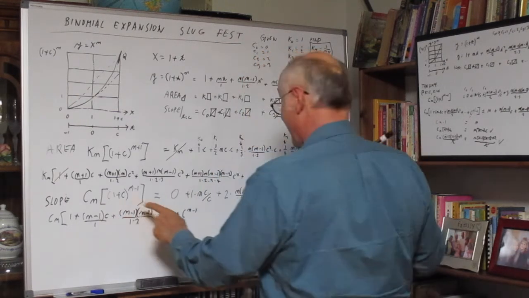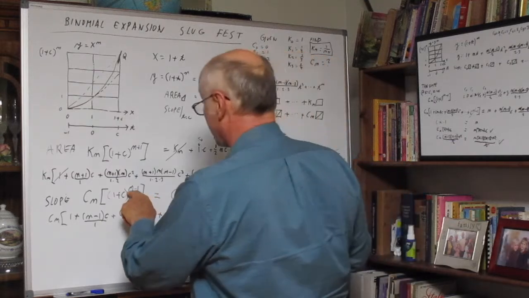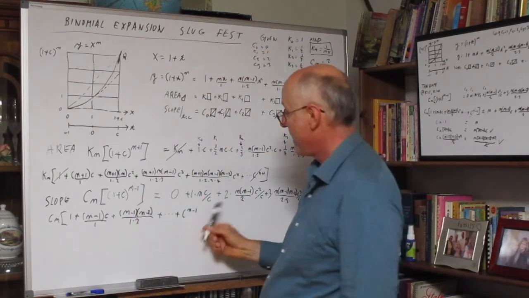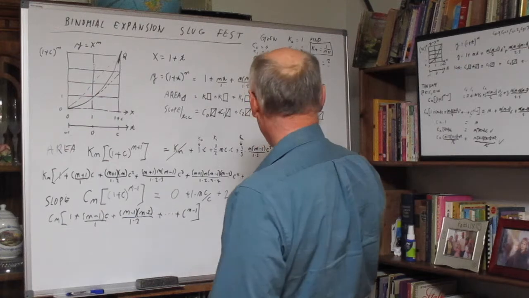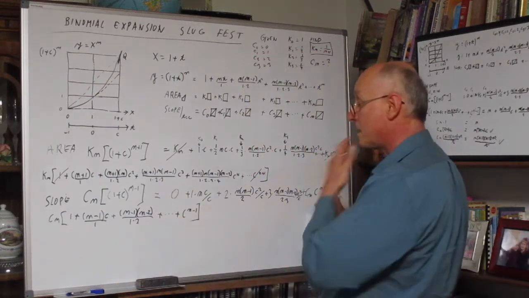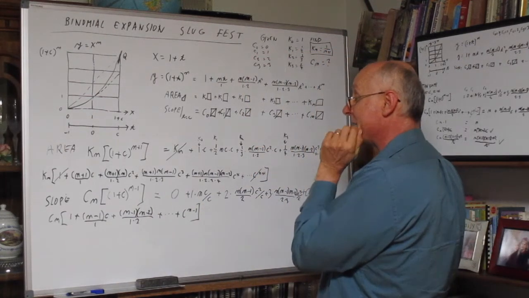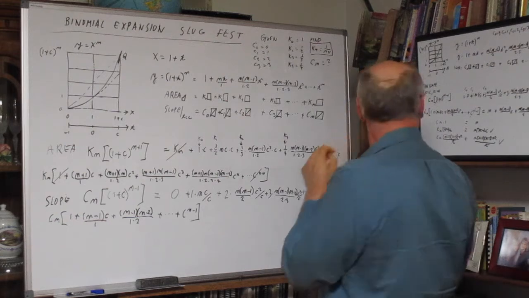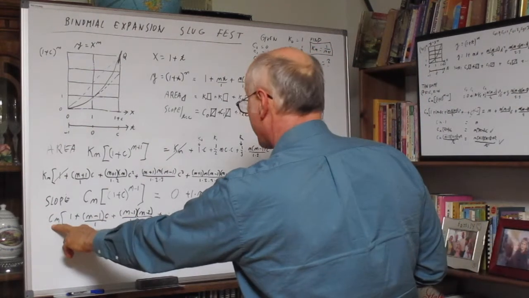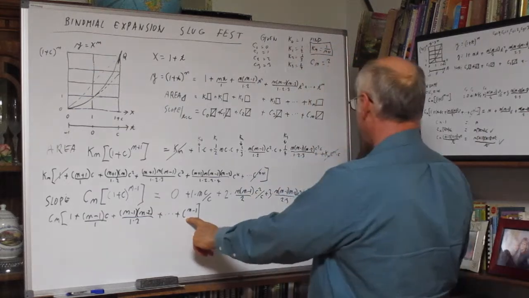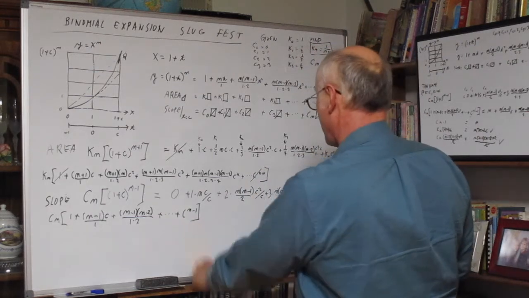Is that right? Yes. The last term is a C to the n minus 1. Whew. Okay. Basically, there's going to be something here that cancels out. And that'll be C sub n times C to the n minus 1. Right?